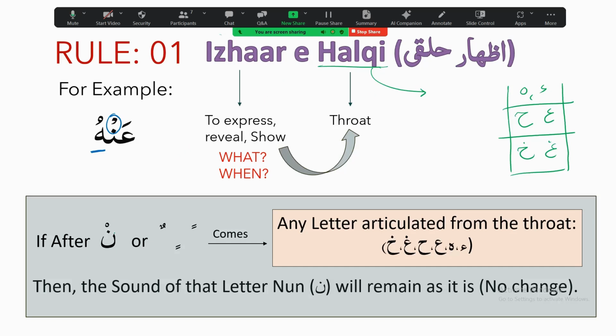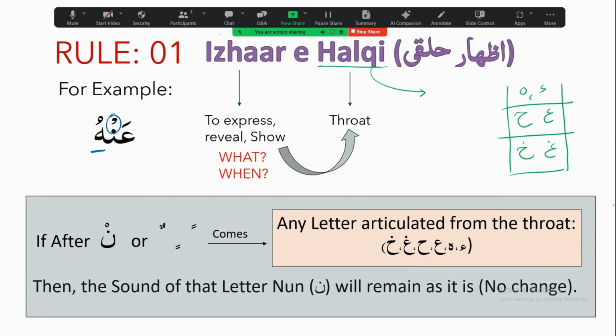If after noon sakin or tanween, the fathatain, kasratain or dhammatain, comes any letter articulated from the throat, these are 6 letters, then the sound of that noon will remain as it is, no change.